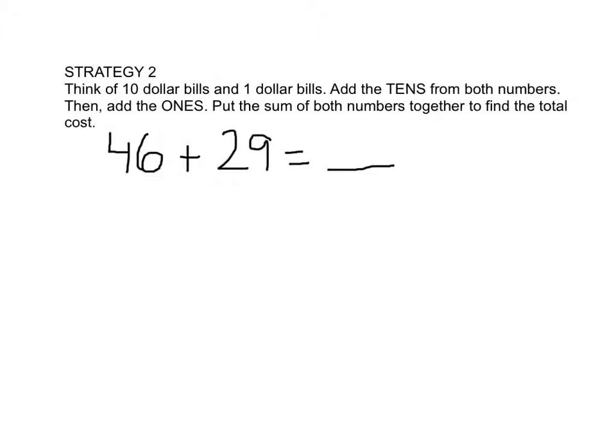For example, 46 there are 4 tens. 4 tens really means 40, and 40 plus 6 equals 46. And the 29, there are 2 tens. You break that up, it's 20 plus 9. So you're thinking of tens and ones.